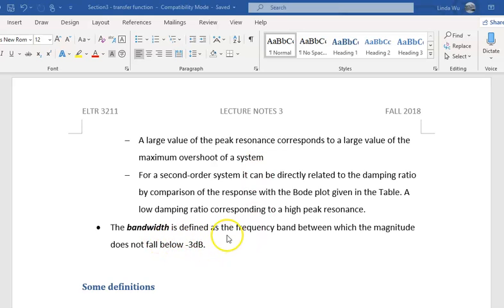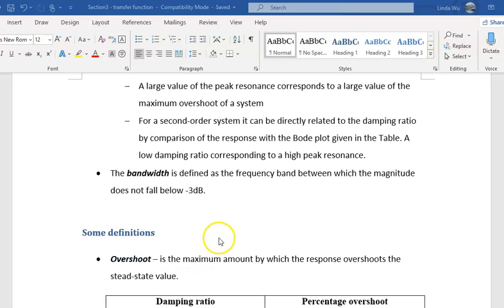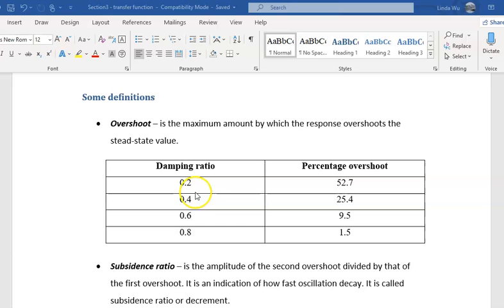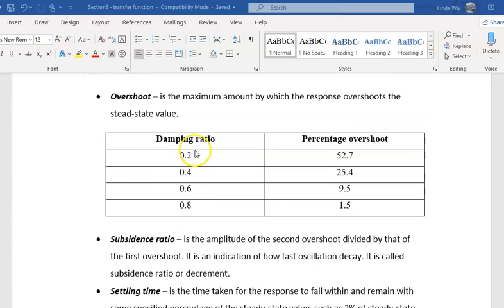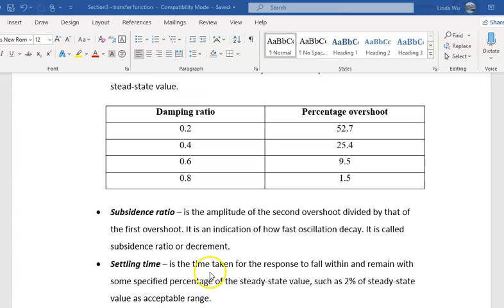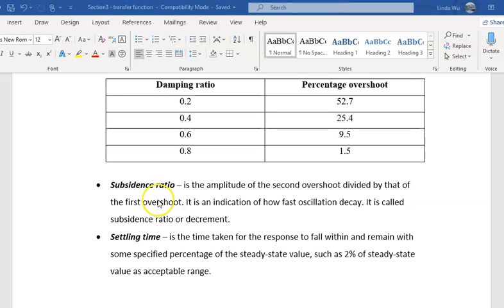And bandwidth is defined as the frequency band within which the magnitude does not fall below negative 3 decibels. And some other definitions are subsidence ratio and overshoot. Quite often we use overshoot and subsidence ratio. I think next lecture we will have a figure for this one.